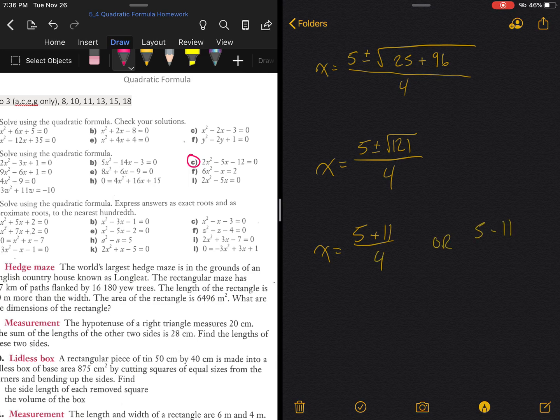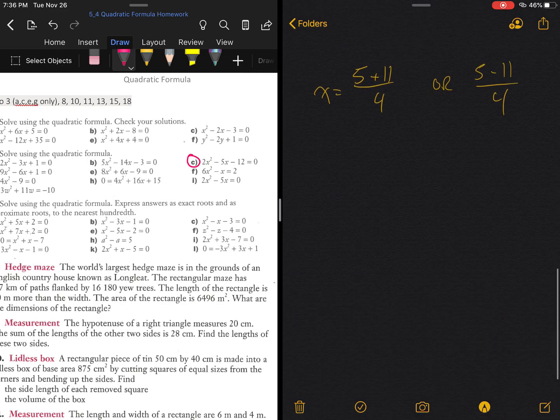x equals 5 plus 11 over 4, or it's equal to 5 minus 11 over 4.